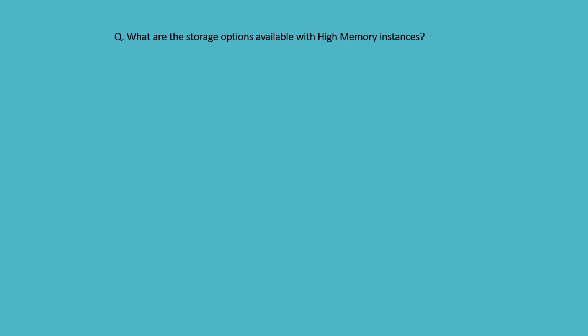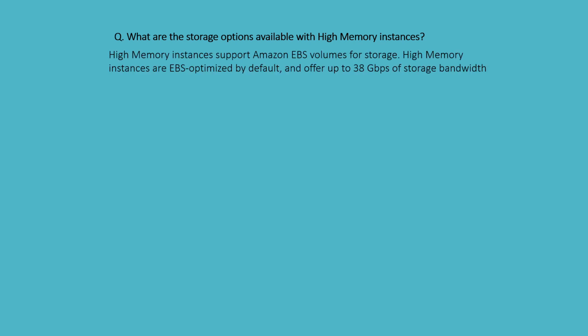What are the storage options available with the high memory instances? High memory instances will support Amazon EBS volumes for storage. High memory instances are EBS optimized by default to offer up to 38 Gbps of storage bandwidth. Can I run high memory instances in my existing Amazon Virtual Private Cloud?